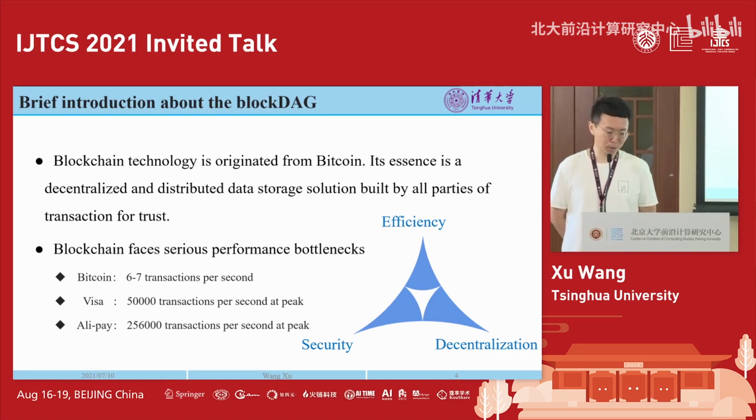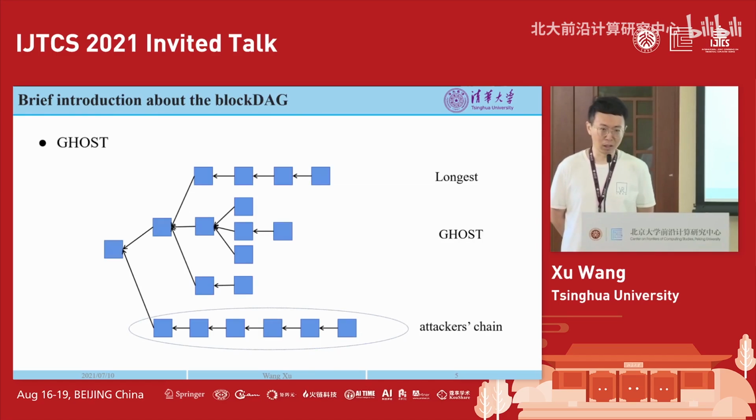As for the impossible triangle, Bitcoin keeps its security and decentralization at the sacrifice of efficiency. In order to overcome the efficiency problem, lots of researchers are doing research. For example, Ghost was proposed. Ghost made use of the verification blocks, but these blocks are only for security.